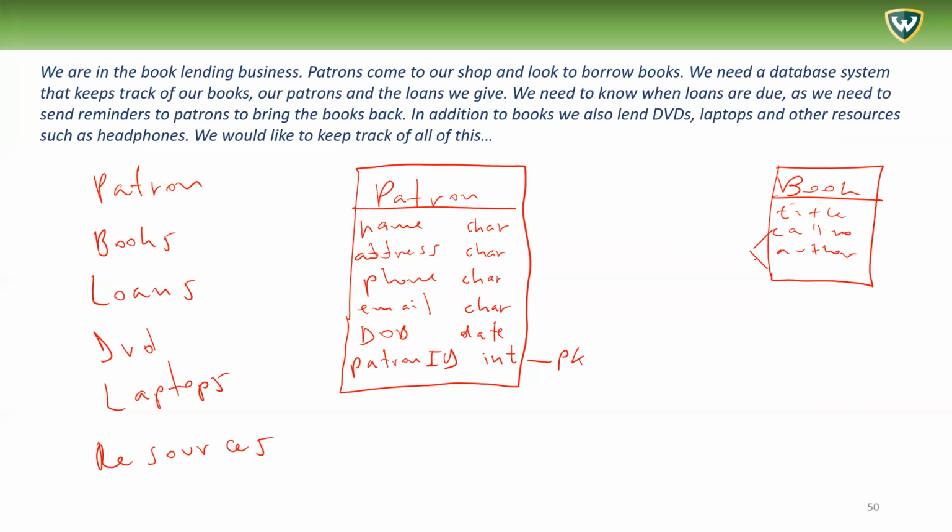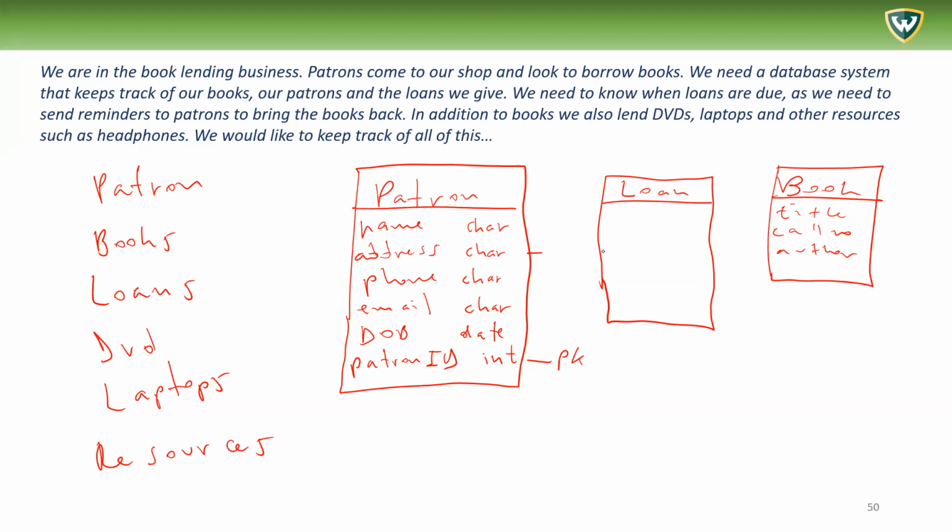So, and it just so happened that, what is the associative entity here in this case? The associative entity is the loan entity itself. So the loan is the thing that connects the two.